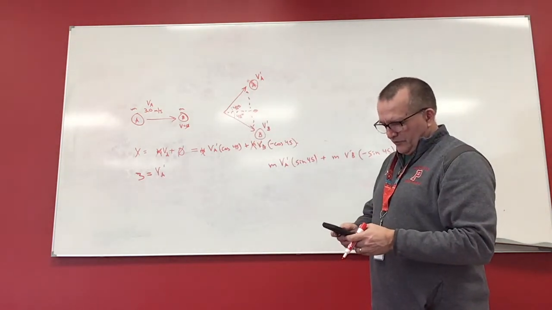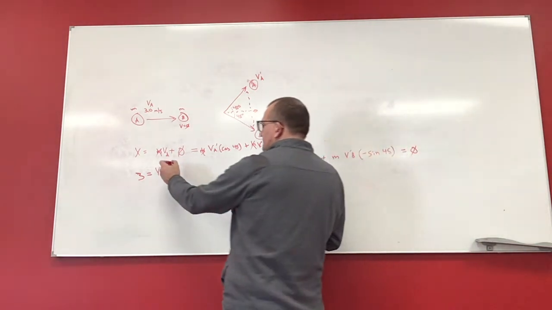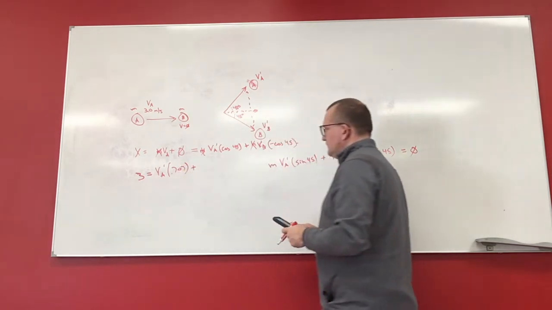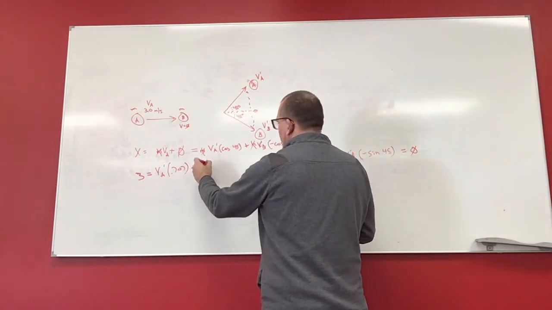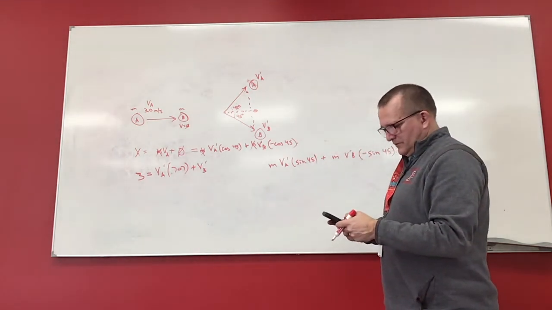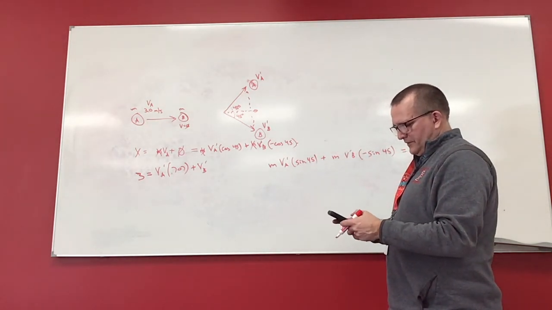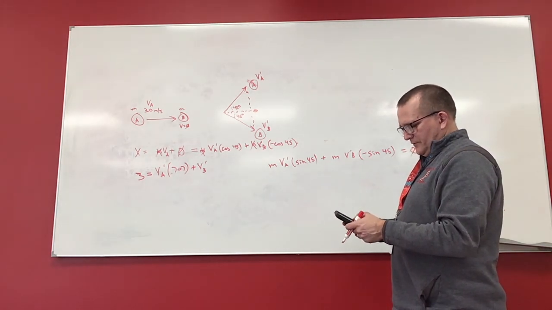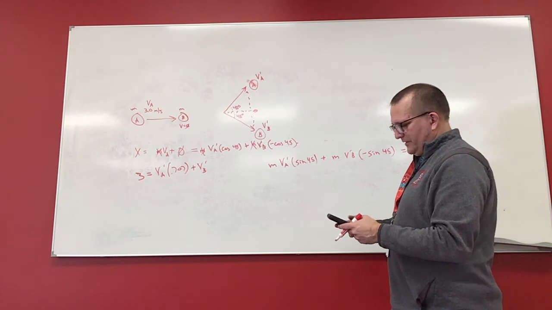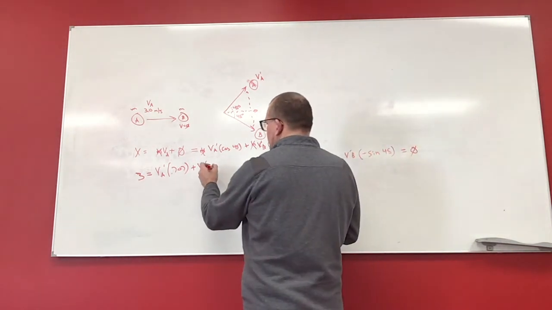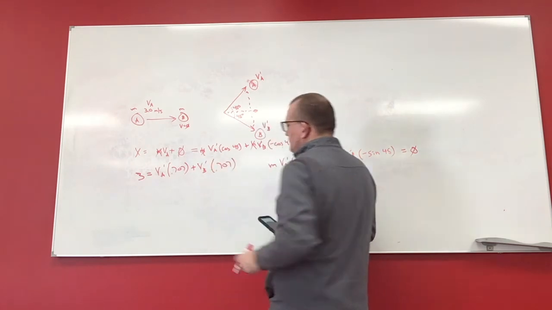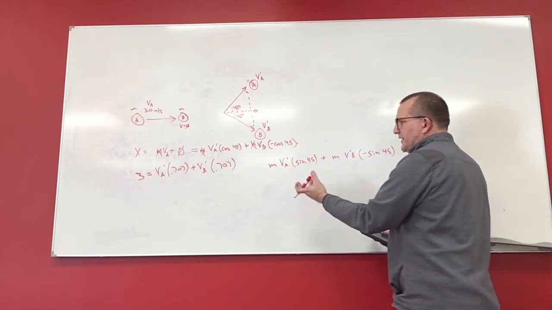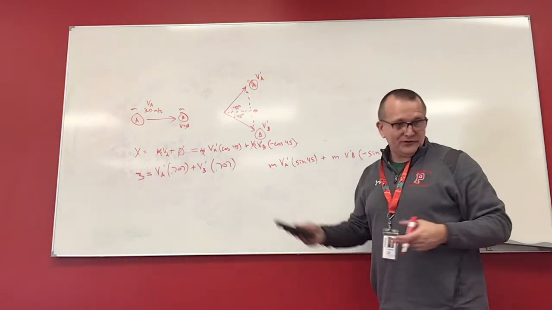I'm just going to get a decimal equivalent here, 0.707, plus V prime B times the negative cosine of 45. Or the cosine of negative 45, I guess, is probably the better way to say it, which is also 0.707. Here, I don't have mass, but I can solve this then in terms of one or the other.